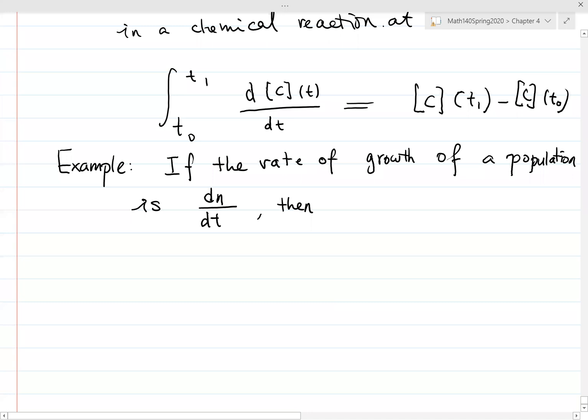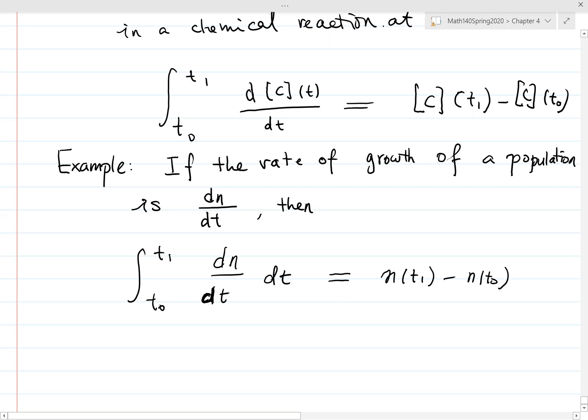It doesn't make sense if you think in that manner. Then you integrate from t0 to t1, initial time to final time. You integrate the rate of change, then what you get is N(t1) minus N(t0).